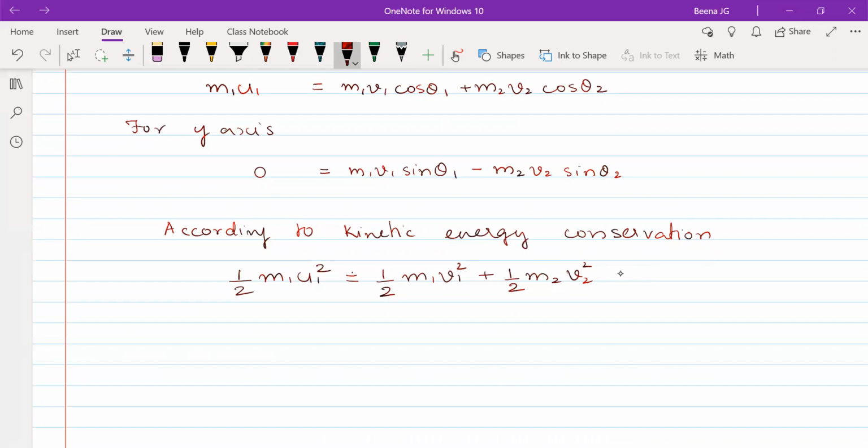So there are 4 unknown quantities and only 3 equations.